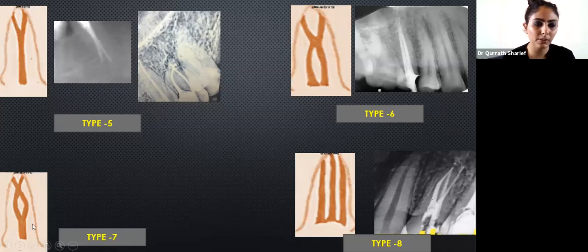Type 7 is one canal orifice which bifurcates at the middle third and crisscrosses each other and bifurcates again into two at the apical third. So type 8 is three different canal orifices which have three different apical foramina.